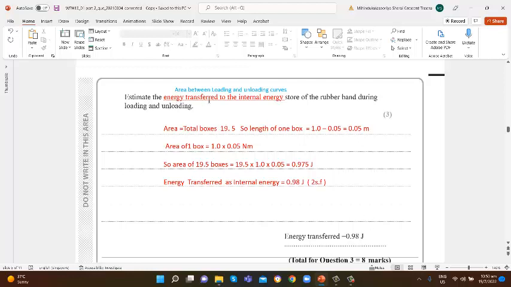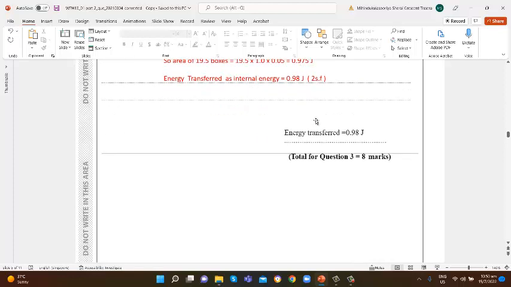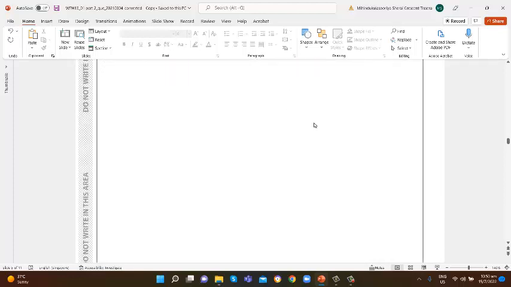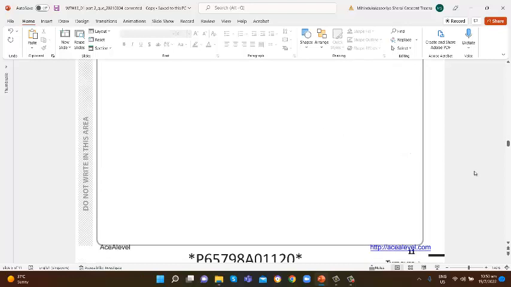When you read this, energy transferred to internal energy, you have to underline. That is the question. What do you mean by that? You have to find the area between the loading and unloading curves. Okay? So with this, our part B is over.